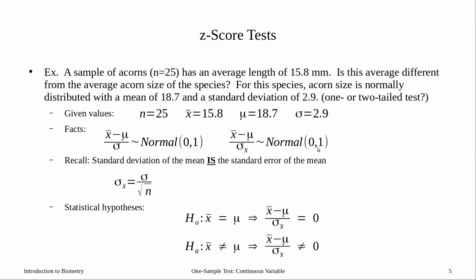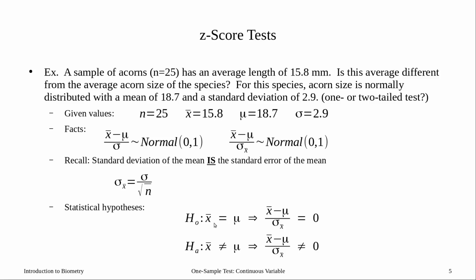And we can use our tables. Now, what's our statistical hypothesis? Our hypothesis is that our sample mean is equal to the population mean. That doesn't do us a whole lot of good to calculate a p-value when we're working with the table that follows a normal 0, 1 distribution. But we know that if we do this transformation, then our sample mean should equal 0.